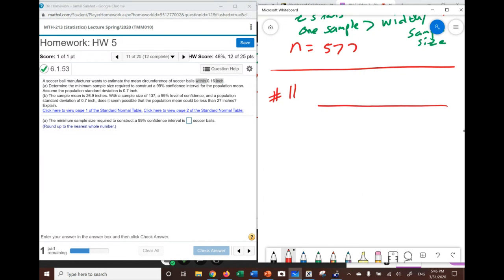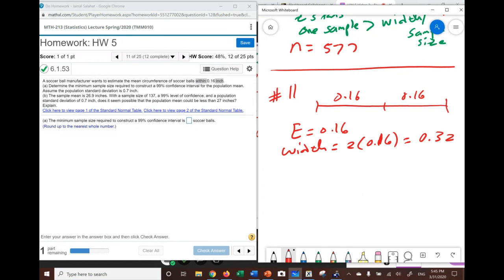In other words, you can be under or above by 0.16. This means that the error is equal to 0.16. This means the width is going to be equal to 2 times 0.16, which in this case is 0.32.